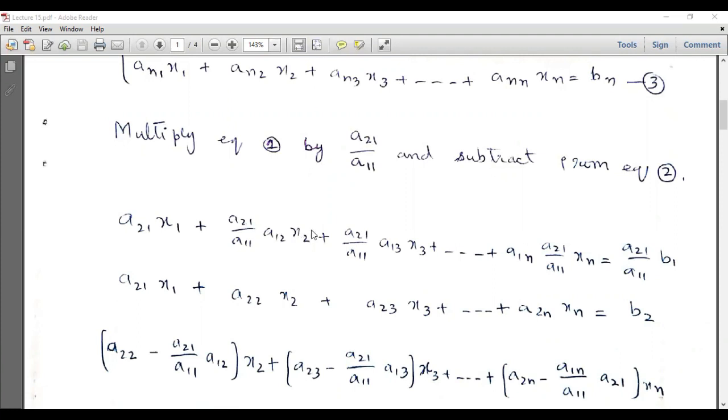I have to subtract this equation from the second equation. This is my second equation, and this is my new equation. If I subtract this equation from this one, I will get 0 at the first place.